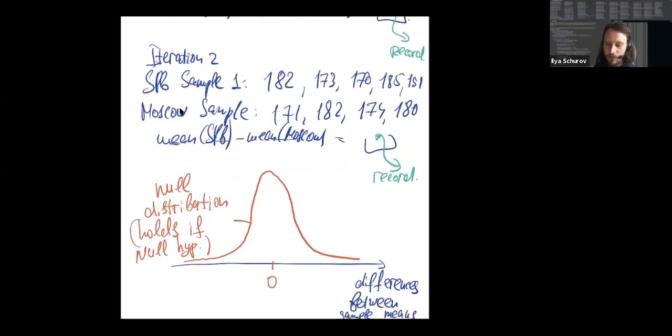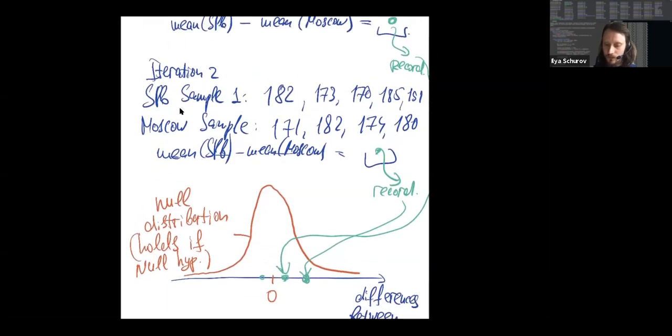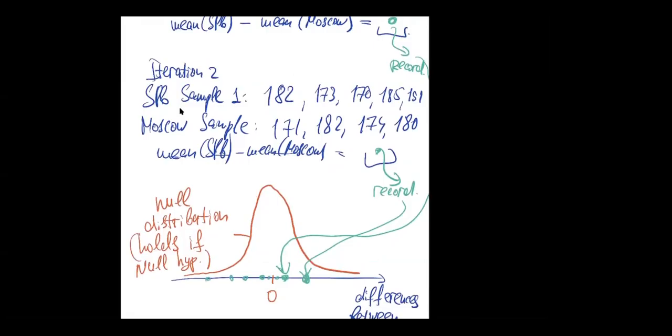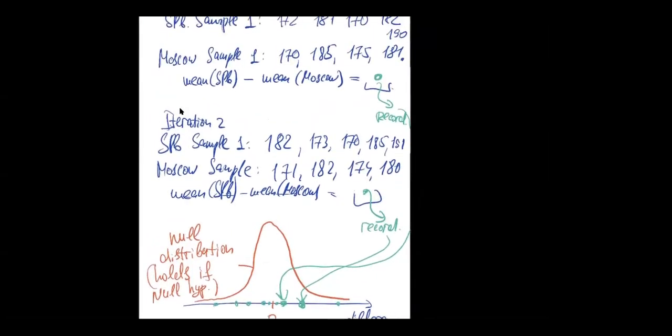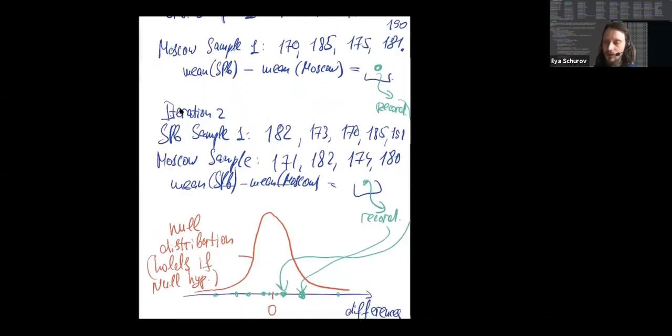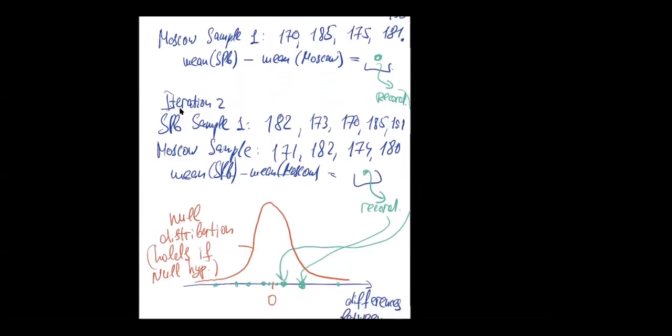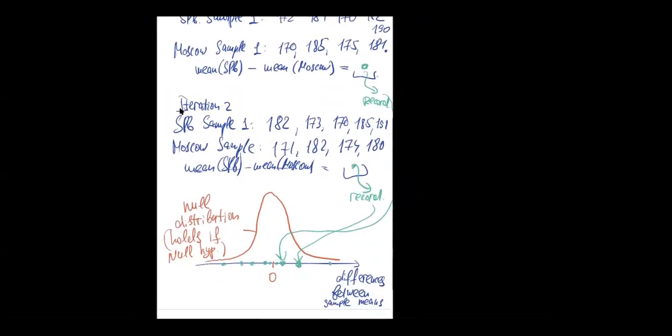Every recorded point here is just a point on this horizontal axis, so there will be some distribution like this. Where do you see difference between differences?